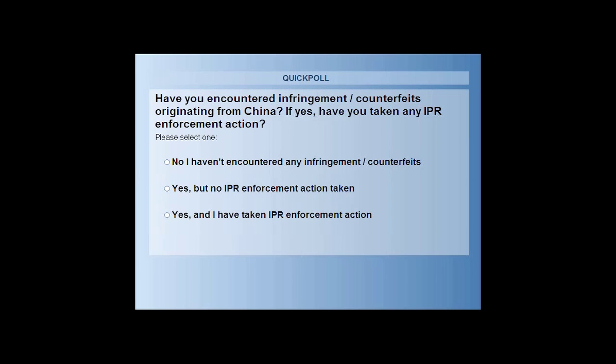Have you encountered infringement counterfeits originating from China? If yes, have you taken any IPR enforcement action? Answer A, no, I haven't encountered any infringement. Answer B, yes, but no enforcement action taken. And answer C, yes, and I have taken IPR enforcement action.